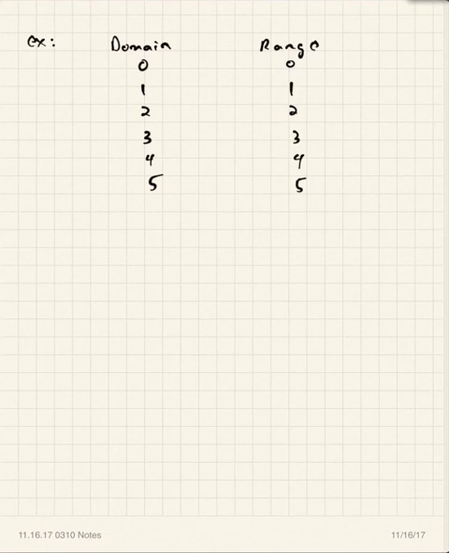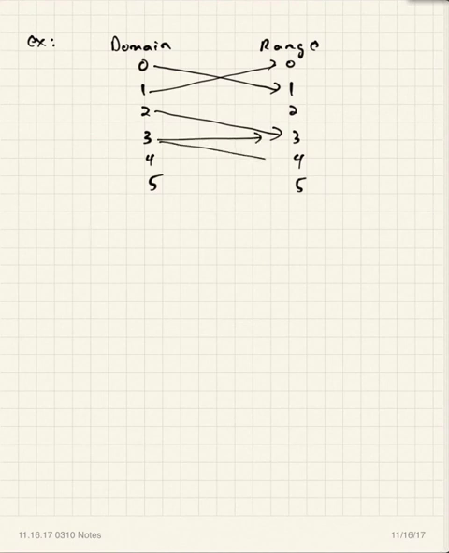And this is the way our arrow diagram looks. 0 gets assigned to 1, 1 gets assigned to 0, 2 gets assigned to 3, 3 gets assigned to 3, 3 gets assigned to 4, 4 gets assigned to 5, and 5 gets assigned to 2.